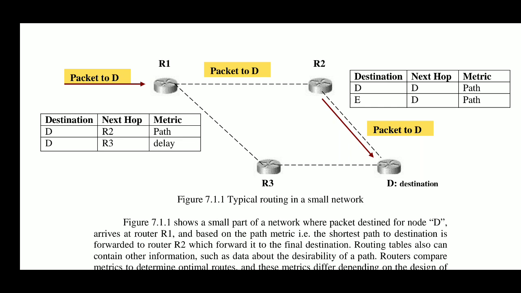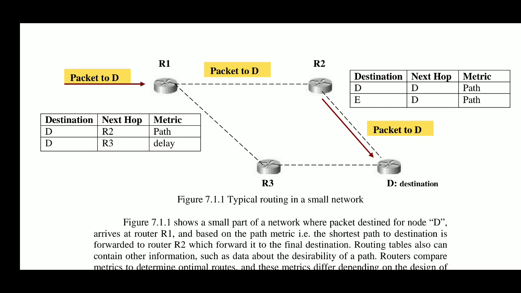For that there may be a single path or there may be multi-path. So here the routing table at R1 is a multi-path routing table in which destination D can be approached via next hop R2 and R3 on the basis of metrics.